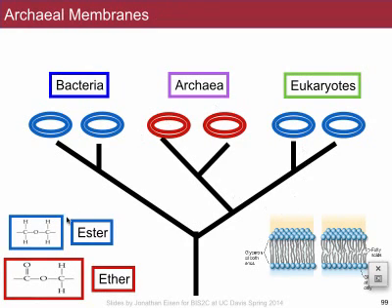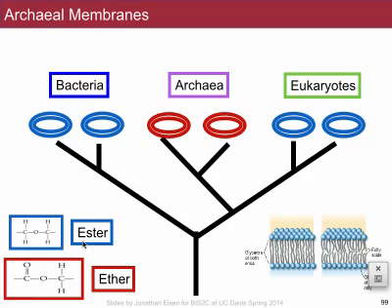One of the standard examples used to discuss the three branches on the tree of life is that the membranes in Archaea, or at least in many Archaea, are relatively unique. They have a special chemical linkage, called an ether linkage. You don't have to know the chemical structure here. The membranes surrounding the cells of bacteria and eukaryotes have ester linkages.